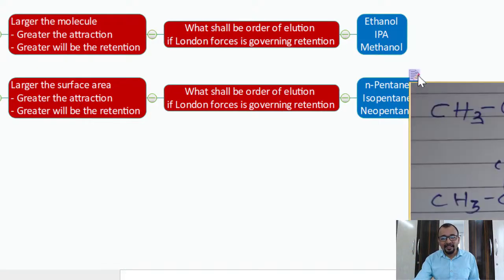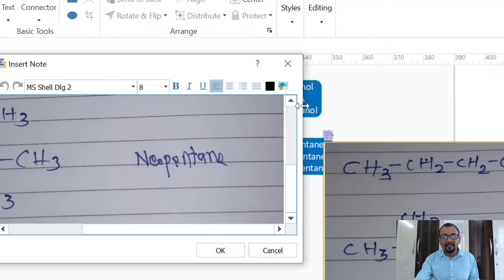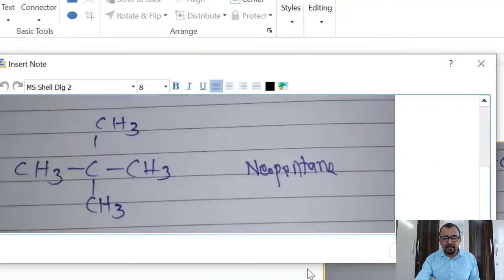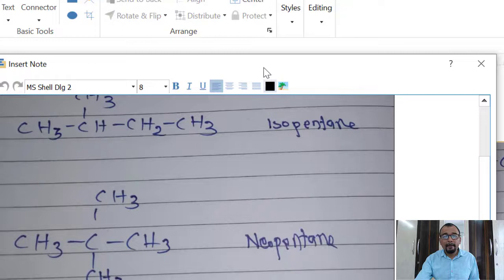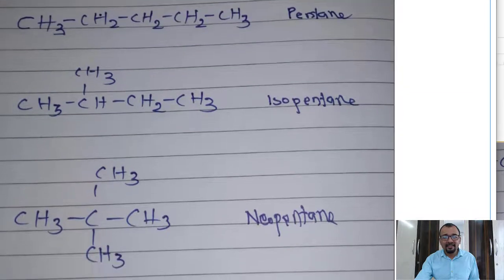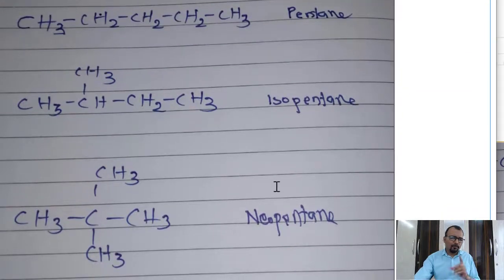To understand that, here are the structures of N-pentane, isopentane and neopentane. Which one do we feel will have more surface area?